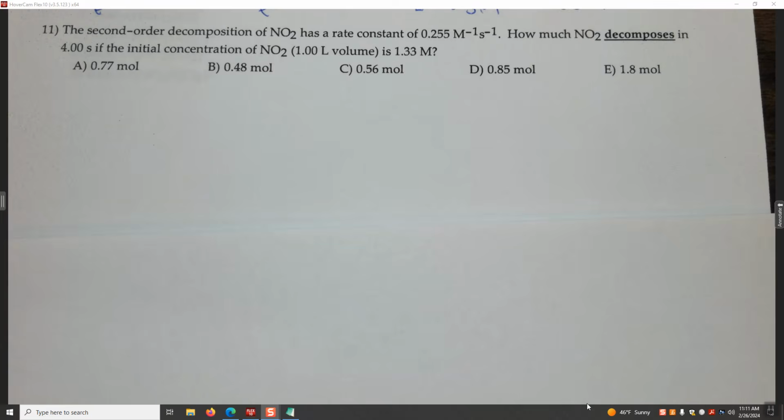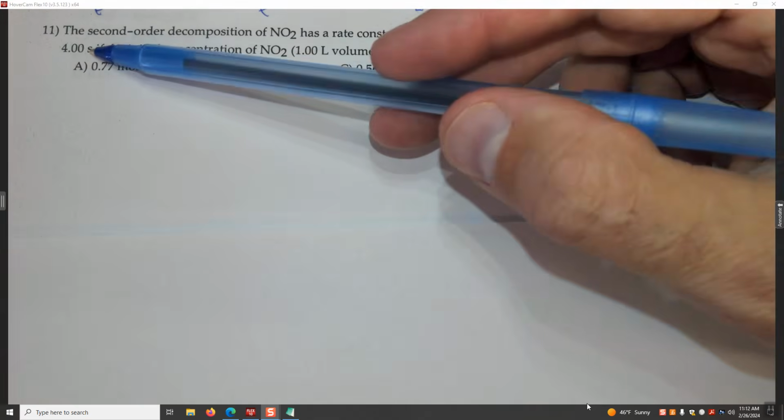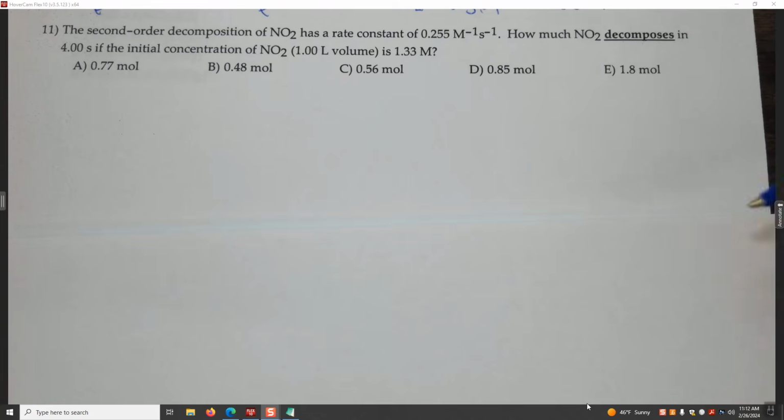All right, so let's take a second and go over this. First things first, in the previous question we did the first order integrated rate law. In this case we're doing the second order integrated rate law. Okay, the good news is our rate constant has a time unit of seconds and our time is in seconds. In the previous example we had to convert minutes to seconds, which is an easy mistake to make if you forget to do that, but in this case we don't have to do that.